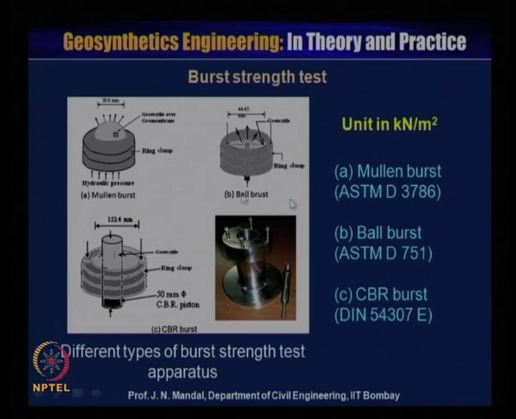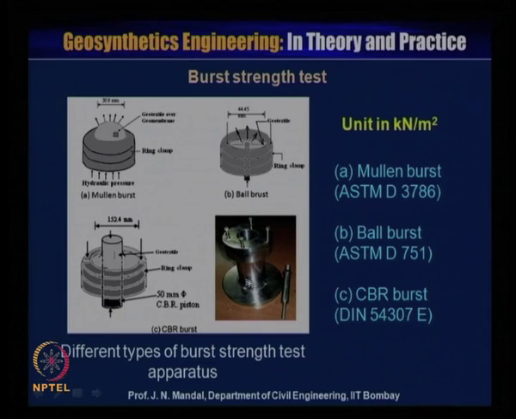In the case of the Mullen burst test, you can see there is a hydrostatic pressure and the geotextile sample with the geomembrane is clamped here, and hydrostatic pressure is pushed from the bottom, and the geotextile material bursts, and you can measure the pressure. Also, you can go for the ball burst and the Severe burst.